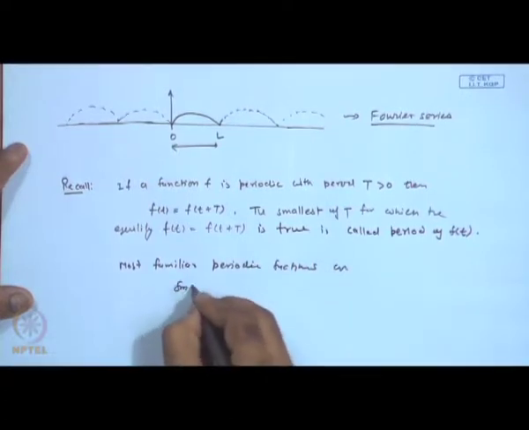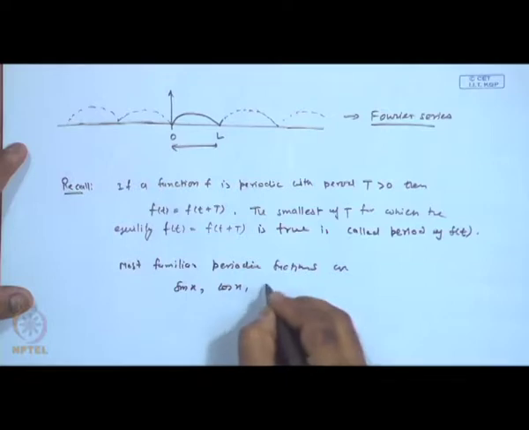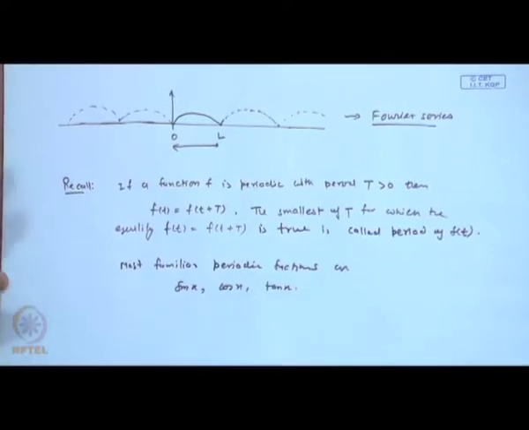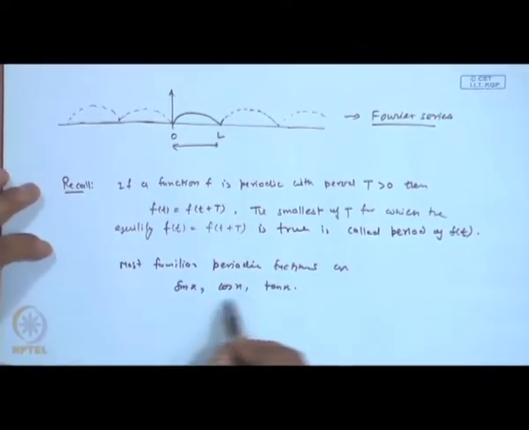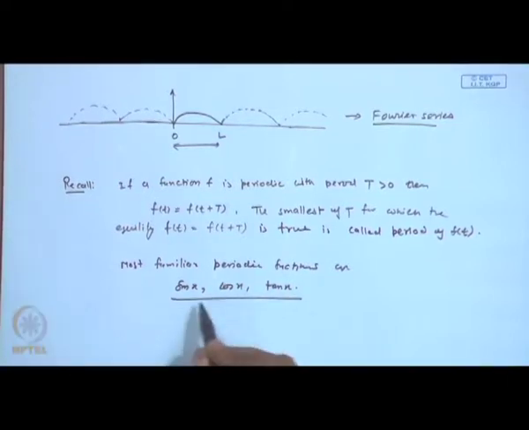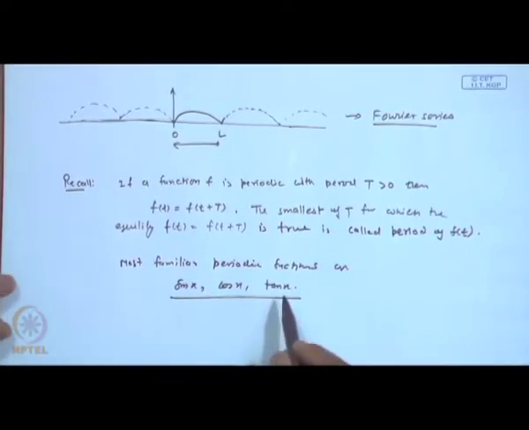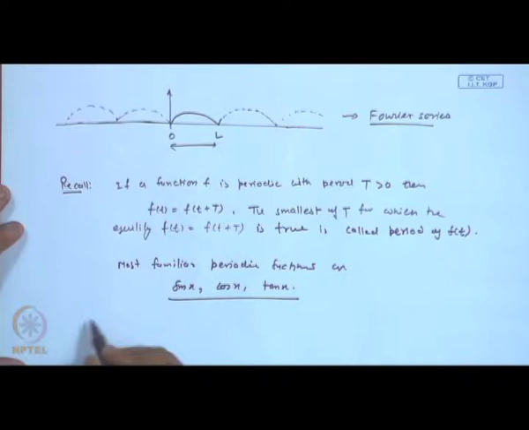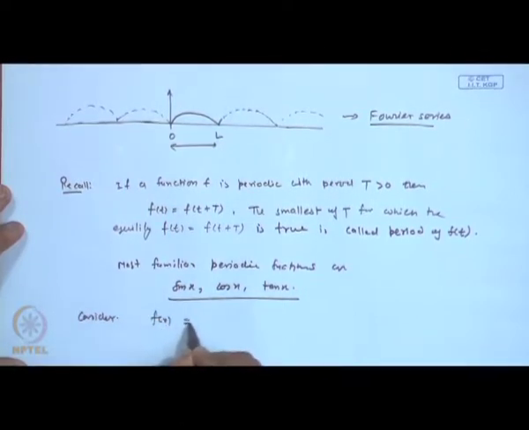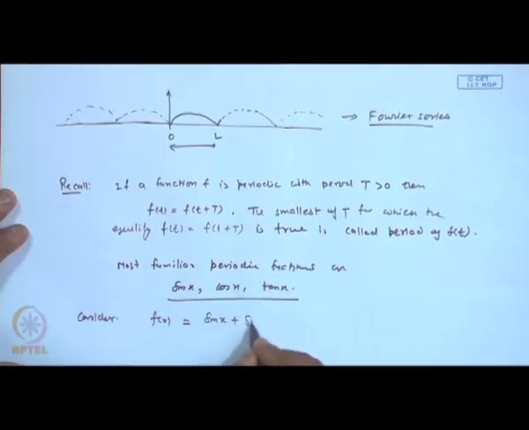So, most familiar periodic functions are, like we know already, sin x, cos x, tan x and so on. One property of these periodic functions is that the sum, difference, product or the quotient of two periodic functions is again a periodic function. So, consider for example, a function f(x) as sin x plus sin 2x plus cos 3x.